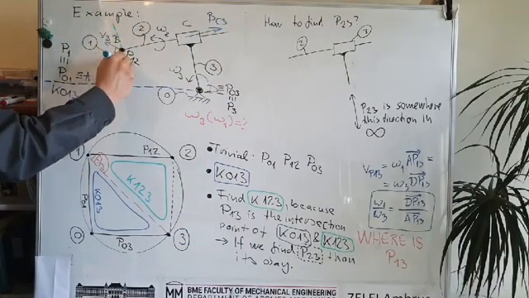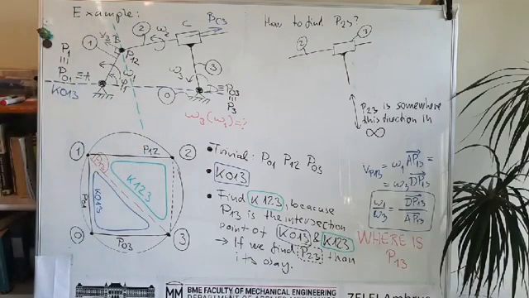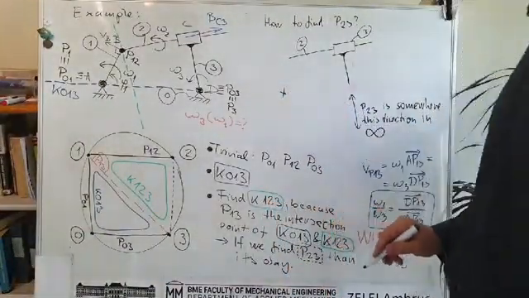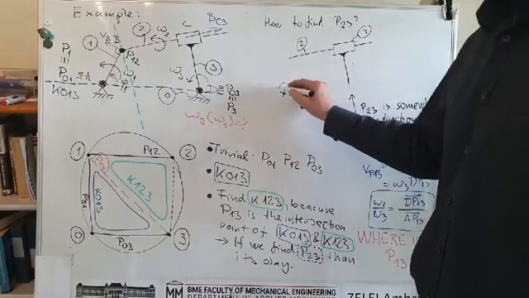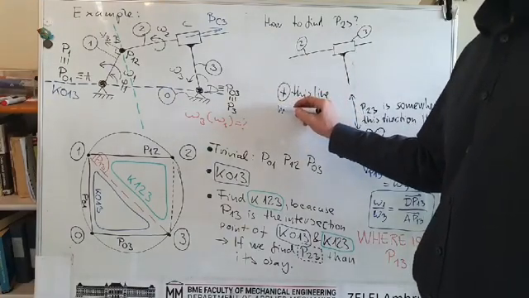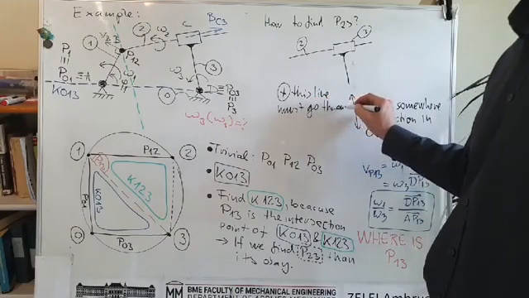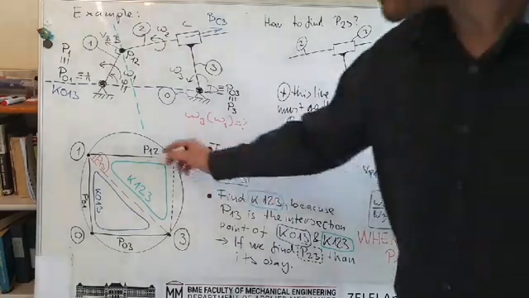So therefore it could be drawn here, and here we add this notation. Additionally, this line must go through the point P1,2 because of this circle.